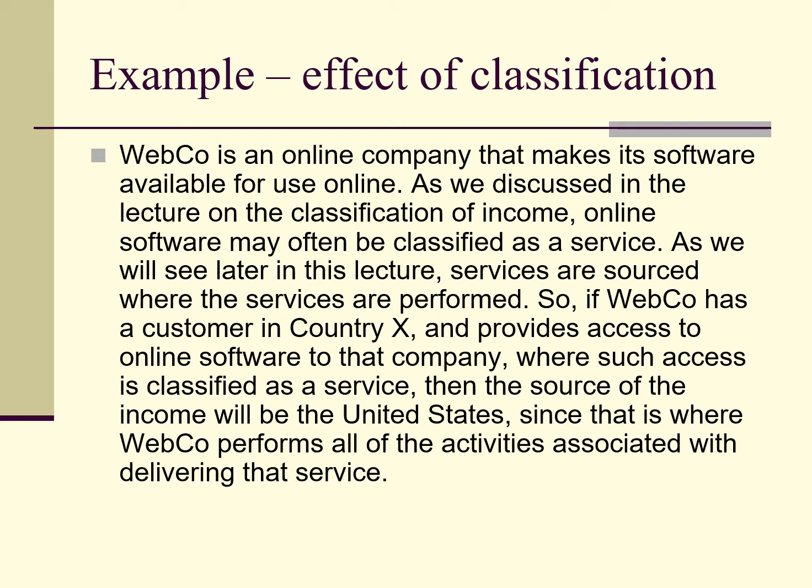As we will see later in this lecture, services are sourced where the services are performed. So if Webco has a customer in country X and provides access to online software to that customer, where such access is classified as a service, then the source of the income will be the United States, since that is where Webco performs all of the activities associated with delivering that service.